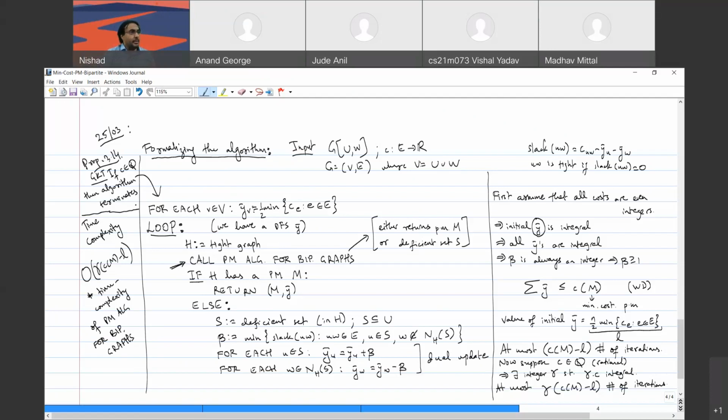Yes, if you can get a lower bound on beta, then you're done. That's actually the main point. Can we get a lower bound on beta? So yeah, actually I don't know. I also thought about these things.